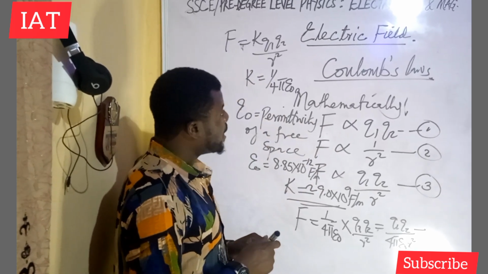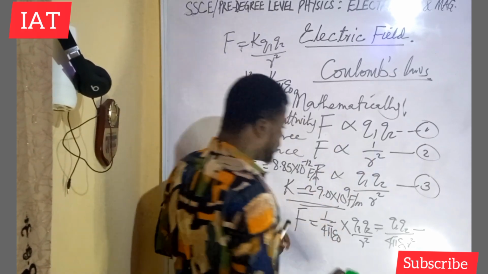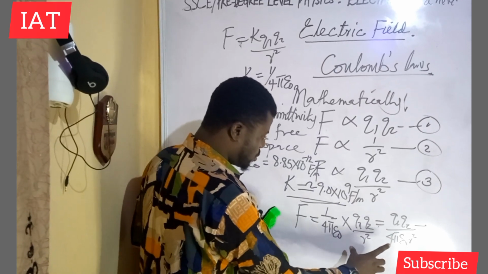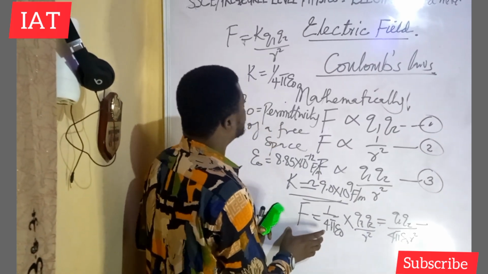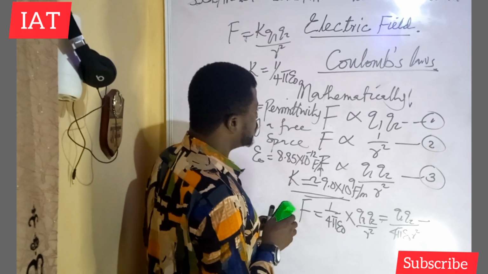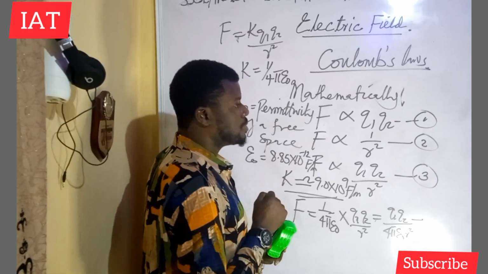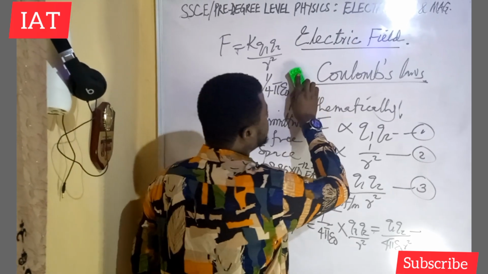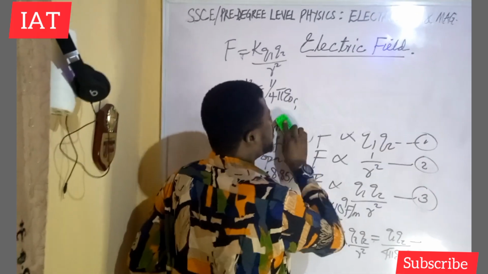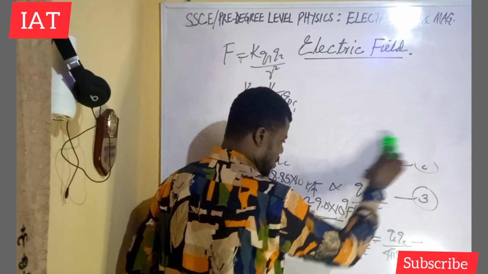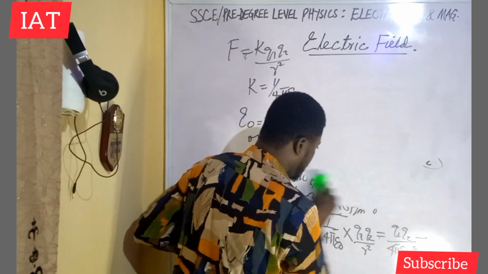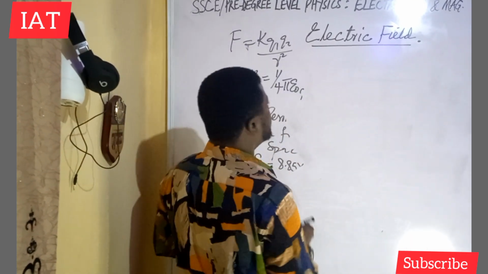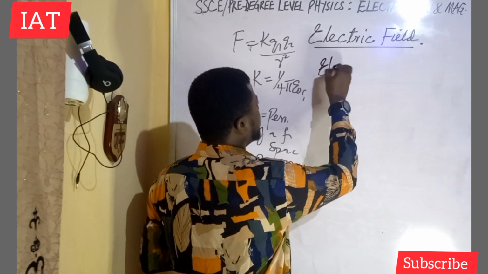Okay, again, there's another concept that we will need to introduce so that we can see how to manipulate this expression to fit the concept I want to introduce. And what is this concept? It is electric field intensity. Electric field intensity, by definition, is the ratio of force per unit charge.